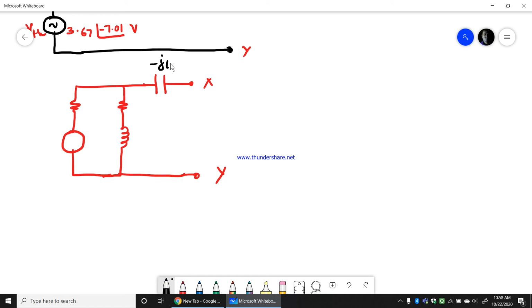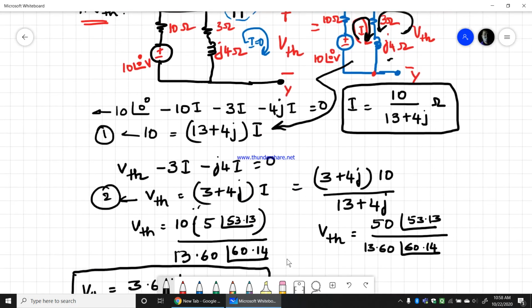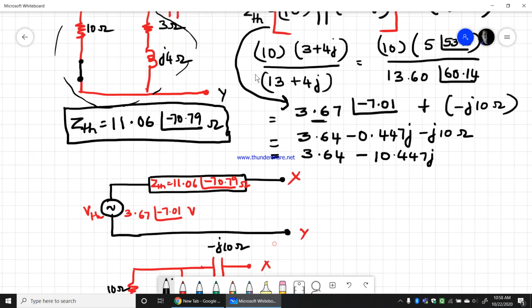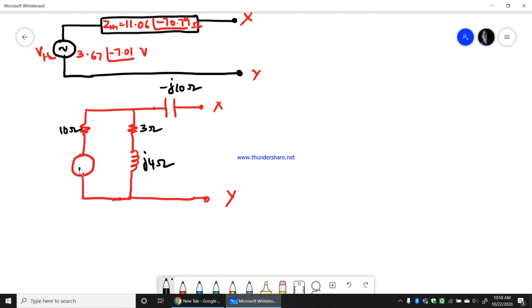So this is minus J 10 ohms, this is 10 ohms, 3 ohms, J 4 ohms, and the voltage source in the question is 10 at an angle 0 degree volts.